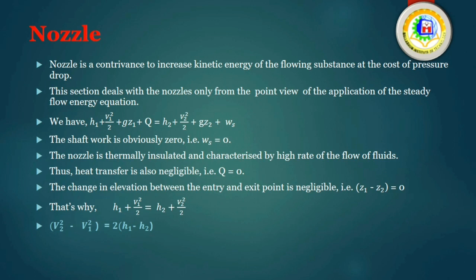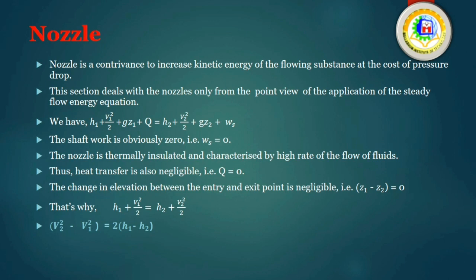This section deals with nozzles only from the point of view of the application of the steady flow energy equation. We have H1 + V1²/2 + gZ1 + Q at the inlet, and H2 + V2²/2 + gZ2 + WS at the outlet.